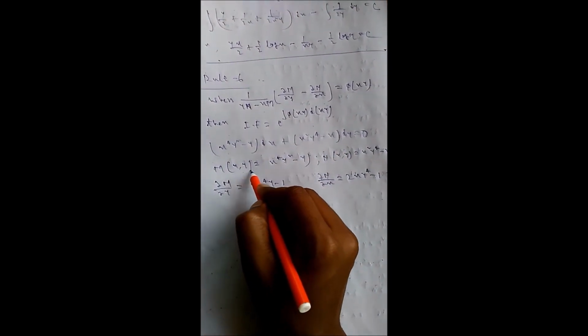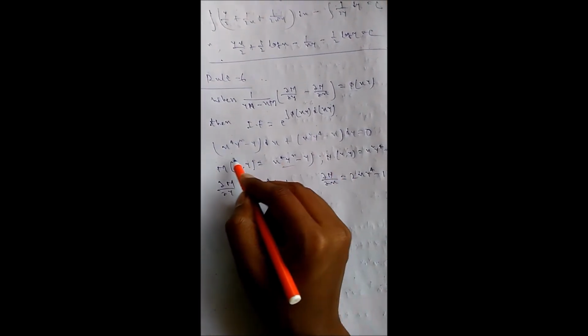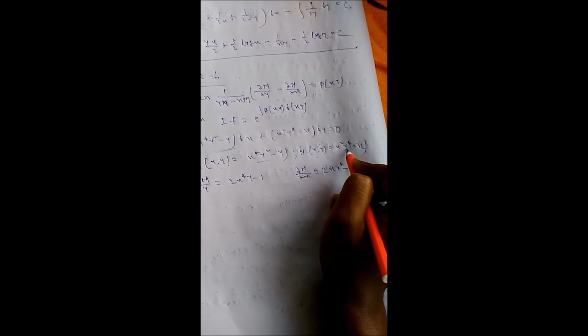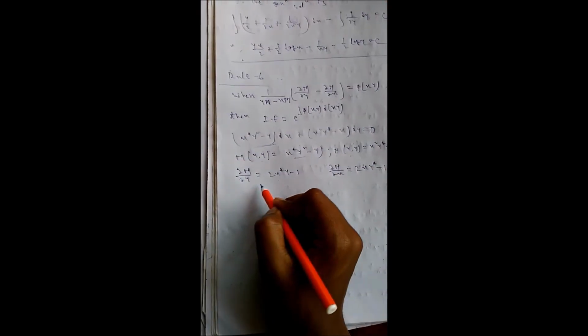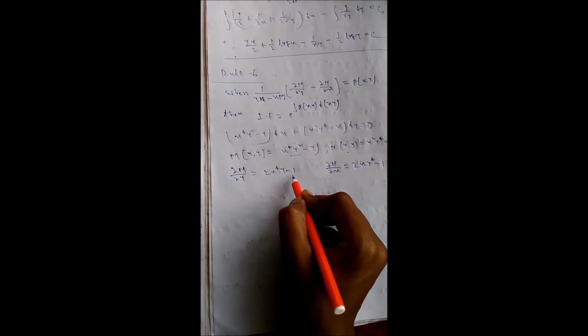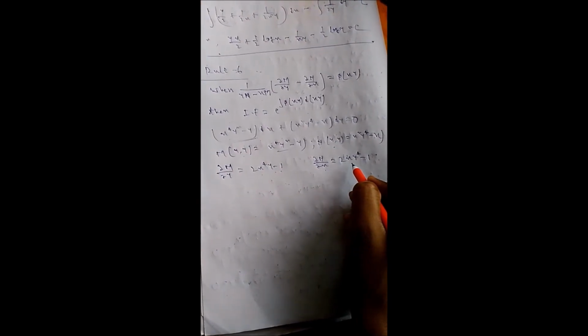Here M(x,y) is as given, and N(x,y) = x²y⁴ − x. Now ∂M/∂y = 2x⁴y − 1, and ∂N/∂x = 2xy⁴ − 1.